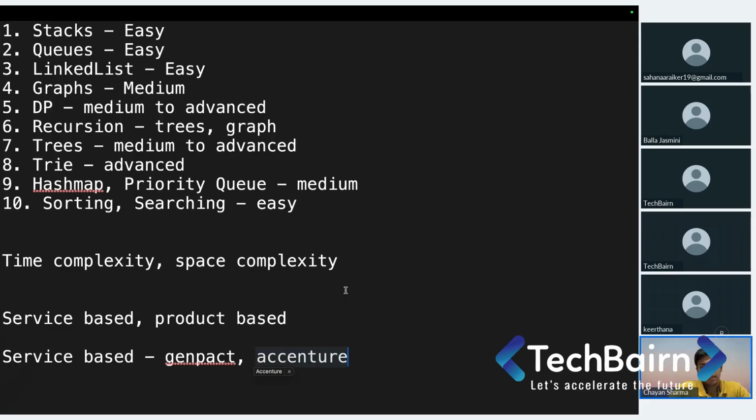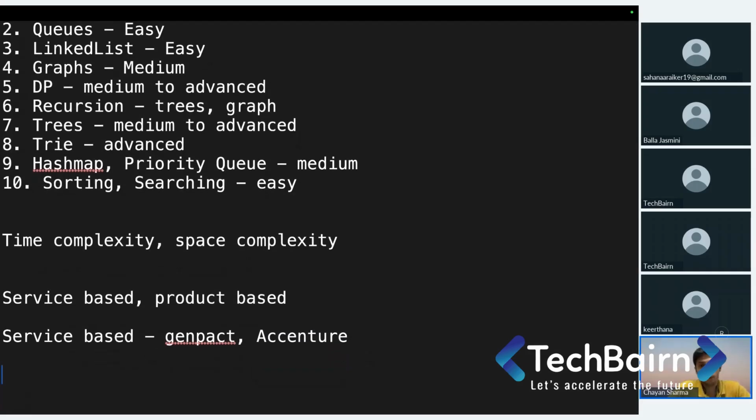What happens in these kinds of companies is we have 2 to 3 rounds of interviews, and in the first round, what they ask is not only DSA. They are looking to hire someone who can directly work for their client.